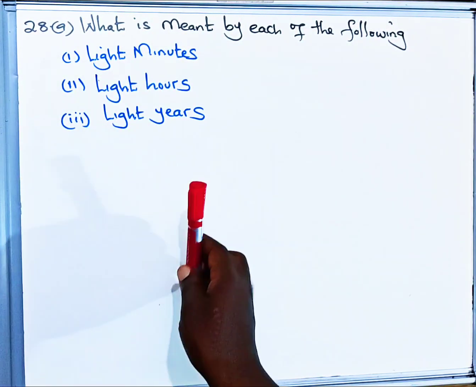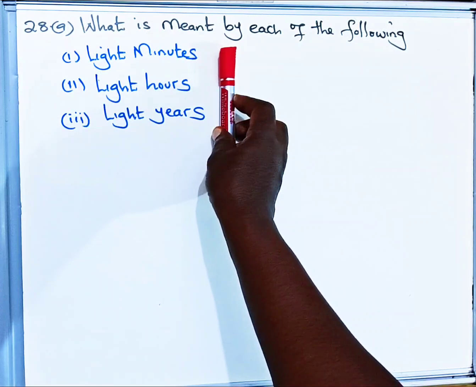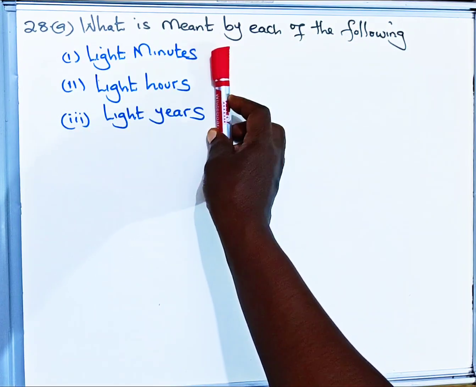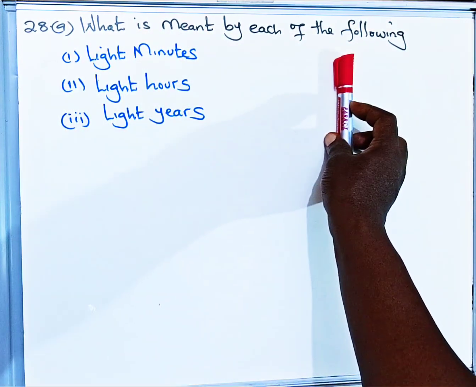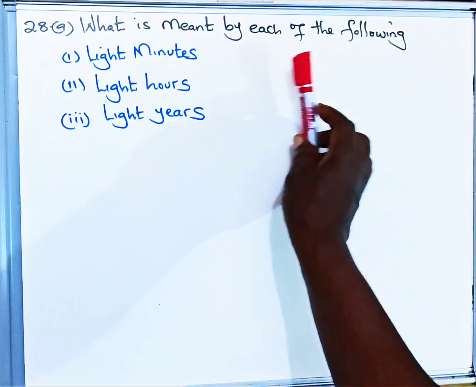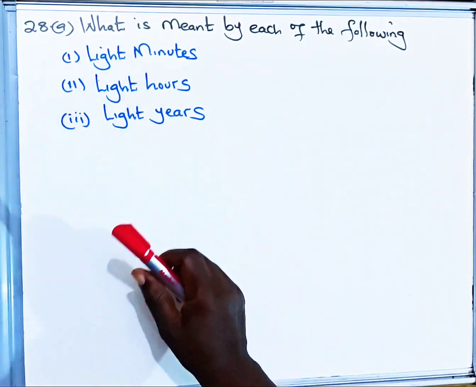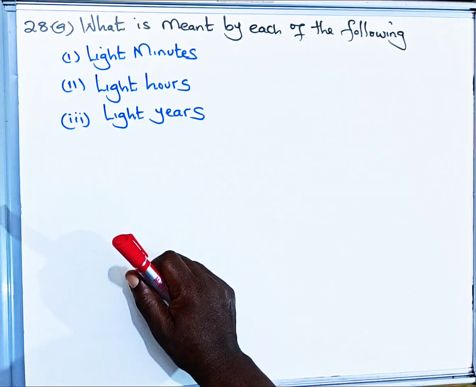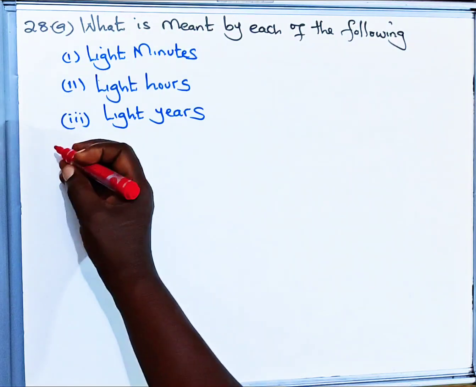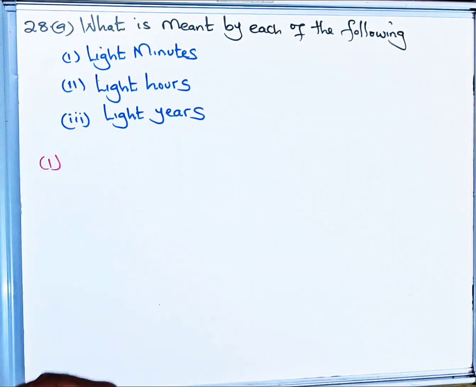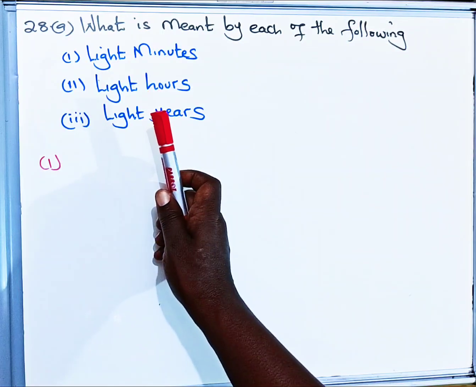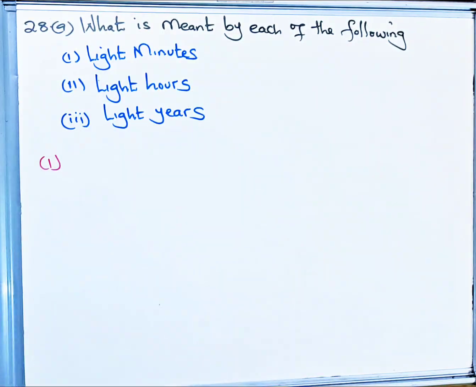Then we come to this question. It says, what is meant by each of the following? The first one is light minutes. What is meant by light minutes? Light minutes is the distance traveled by light in 1 minute.